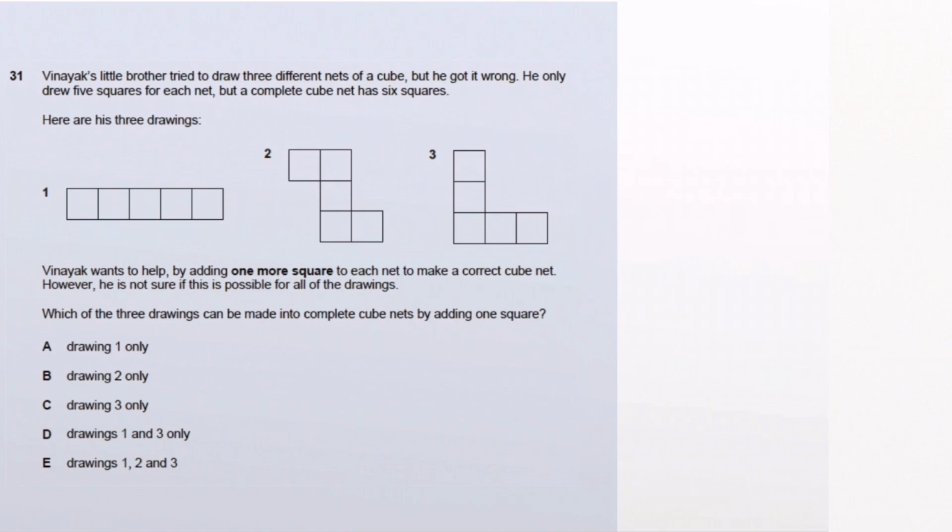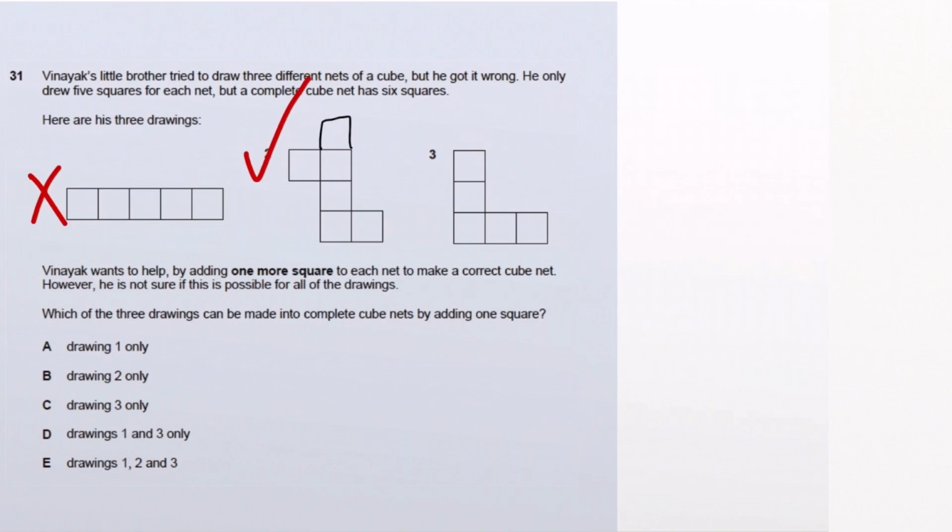When you look at the first one, you should realize that if this net without a 6th square was to be folded up, there would be overlapping bits. And so the top, this square and this square, makes it impossible for a cube to be formed. So 1 is incorrect. For 2, if we roll it up, we can see that a side is missing, and we can actually add a square here so that when it is formed, a whole cube can be created.